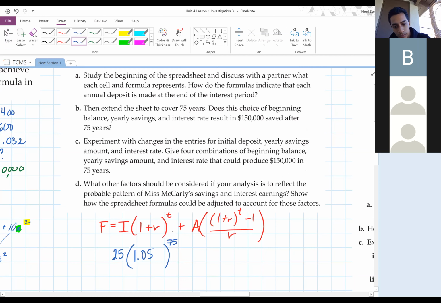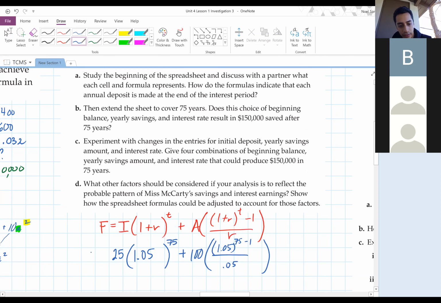Plus, now the recurring deposit is the $100 that she's gonna put in annually. And then the rest, we utilize 1.05 to the power of 75 minus 1, all over 0.05.